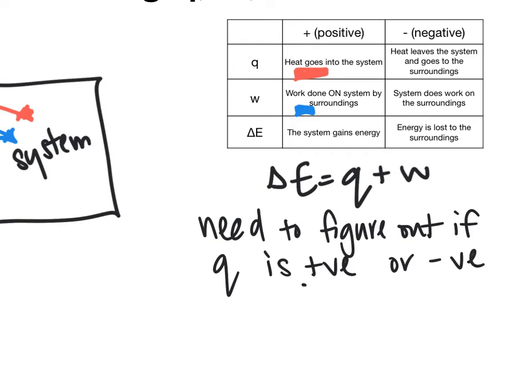Also, this is for positive. We'll see it a lot in this chapter. And this equals negative. So we need to figure out if Q is positive or negative, and we need to figure out if W is positive or negative. We can also be asked to calculate whether or not delta E is positive or negative.